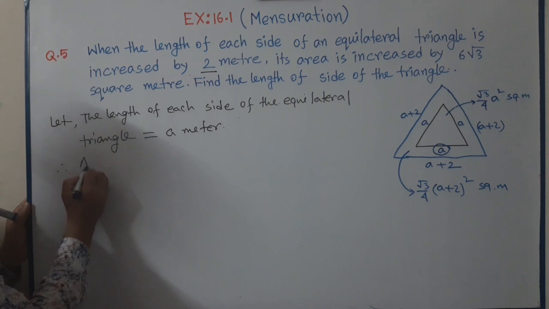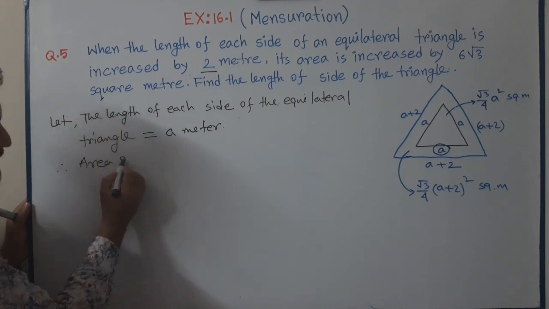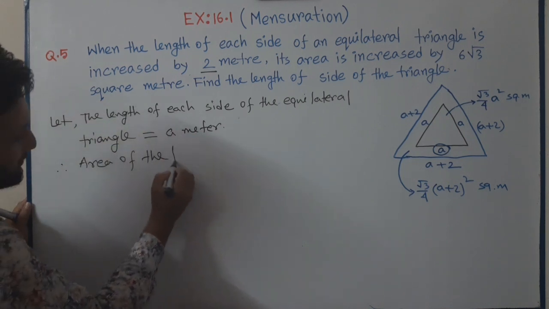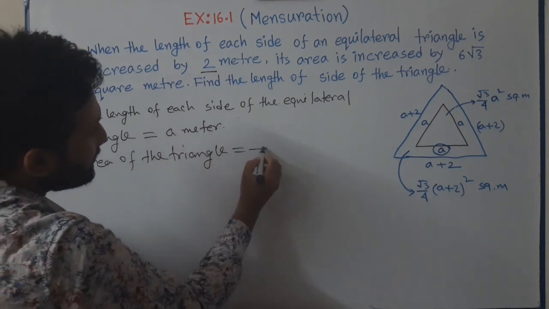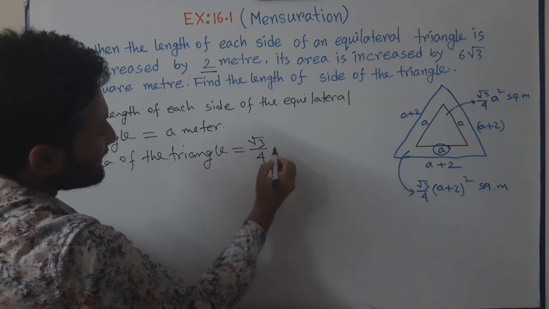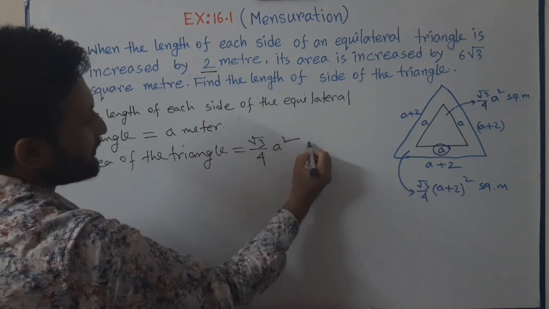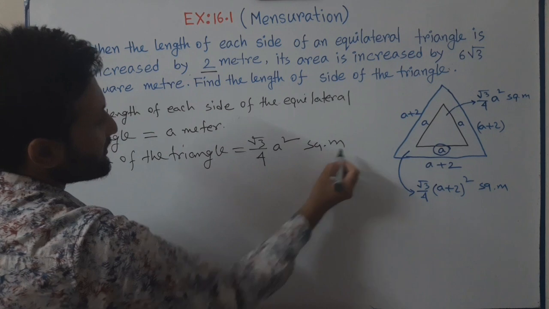Therefore the area of the triangle is equal to root 3 by 4 times the side length squared, that means A square, in square meters.